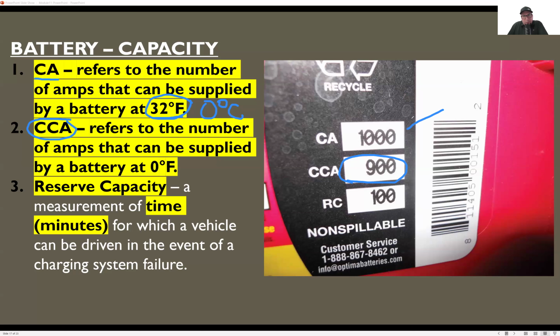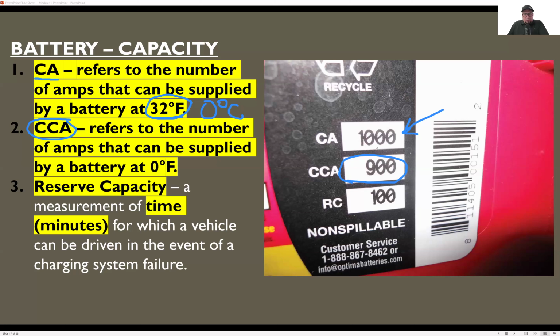You can go look at your own battery, or any battery on any car, to find an example. The battery was tested at 32 degrees Fahrenheit and you'll get 1,000 cranking amps. That's really good. This is a good battery. This is a big battery, probably out of a big truck or a diesel truck.